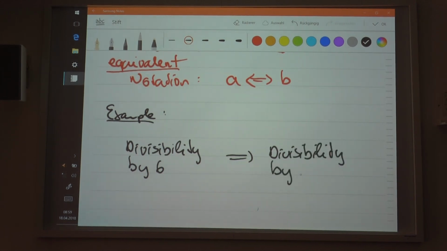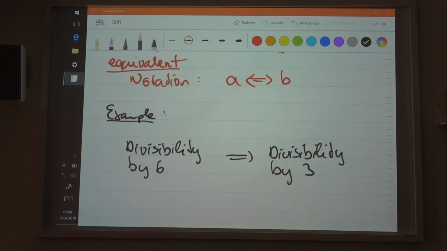By 3. And how would you construct two equivalent statements? Because divisibility by 3 is just necessary but not sufficient for divisibility by 6. Just because a number is divisible by 3, it doesn't imply that it's divisible by 6, of course, right? So how would you extend this to get an equivalent statement here, guys? How would you do that?